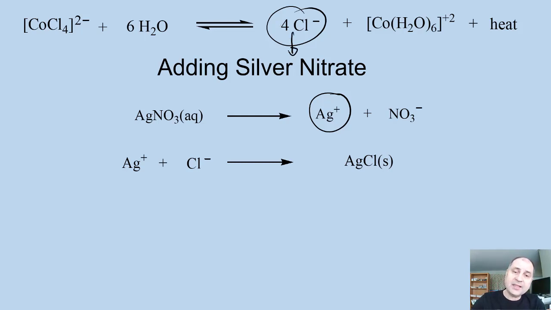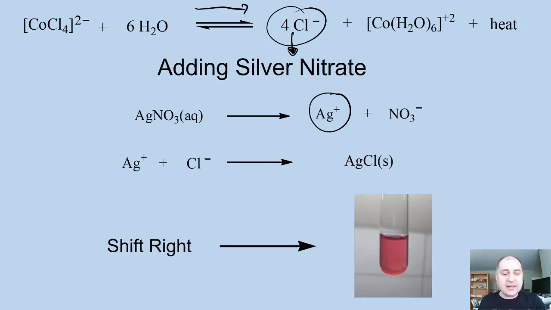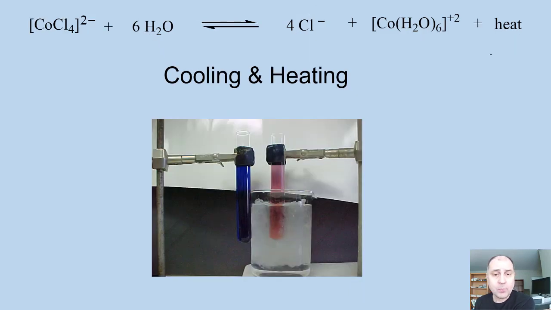So you will see a decrease in chloride, which will make the reaction shift to the right towards the pink end, and therefore decrease the concentration of the CoCl4 and the water, but increase the concentration of the Co(H2O)6. Okay, and then technically it also heats up a little bit.